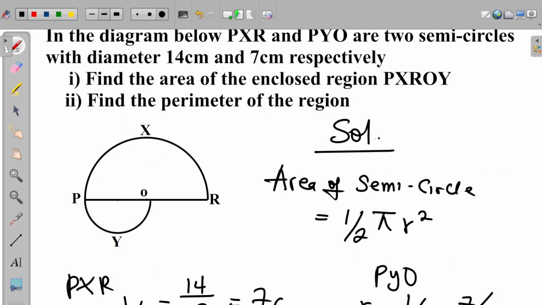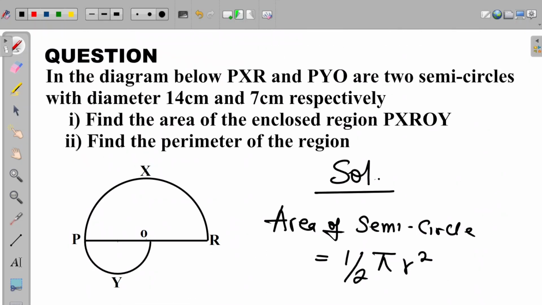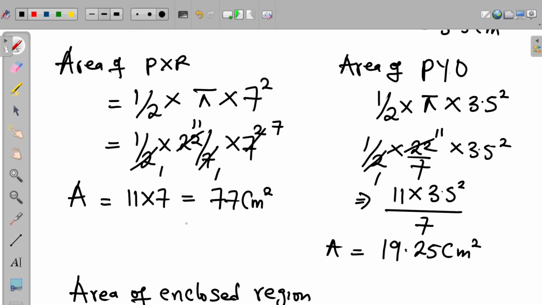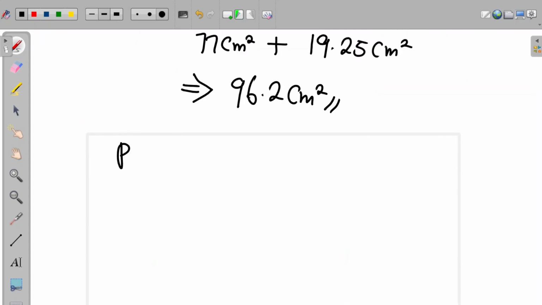Now, the question 2 that was given to us says, find the perimeter of the region. So we'll find the perimeter of PSR and also find the perimeter of PYO. First, recall that perimeter is equal to 1 divided by 2 multiplied by 2 pi r. So 1 divided by 2 times 2 pi r is the perimeter of a semicircle.